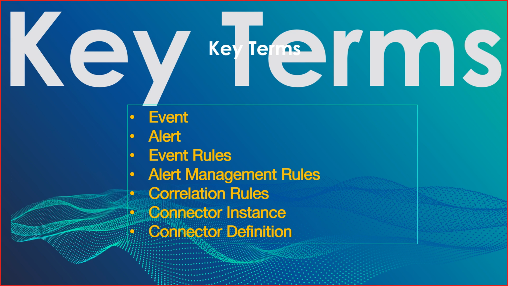Okay, so next one is correlation, connector definition and connector instances. Correlation is the advanced topic of alert, in which you decide which one is going to be the primary alert and which one is going to be the secondary alert.